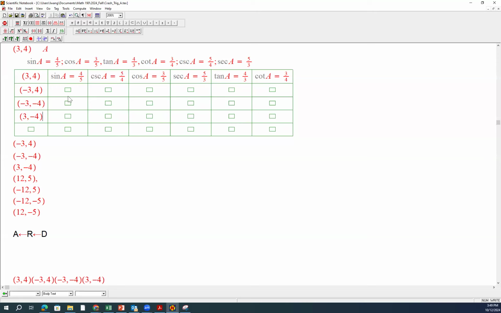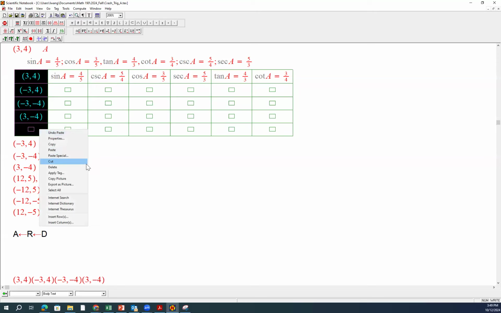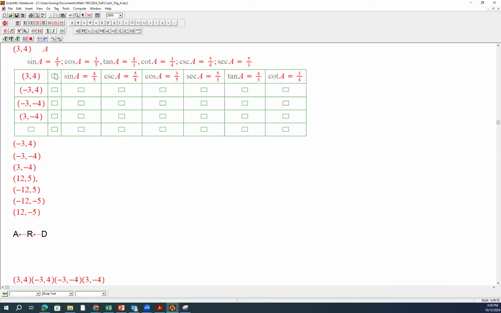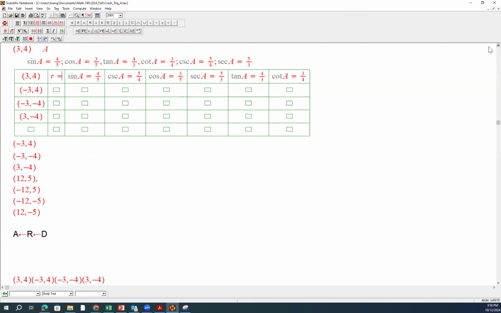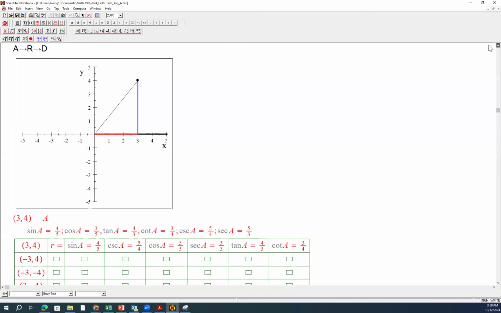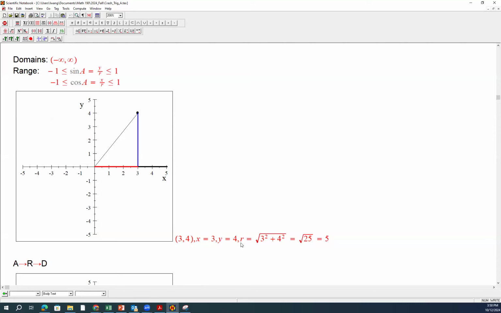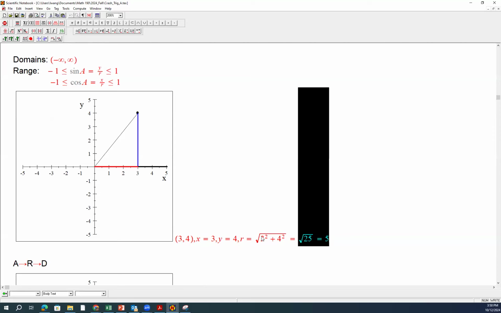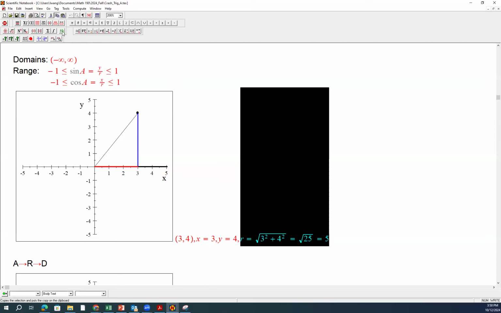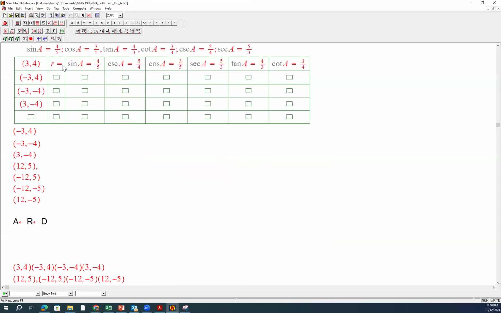I want you to calculate the R. So we do need another column for R. We've done the calculation of R, so it's right here. What I'd like you to do is put this calculation on your table.